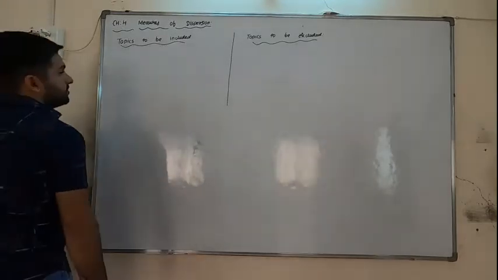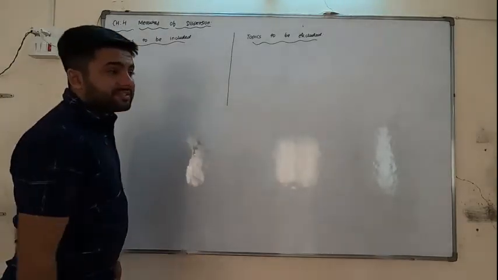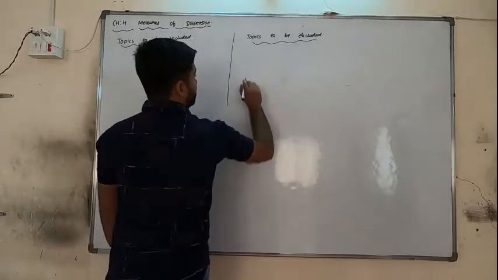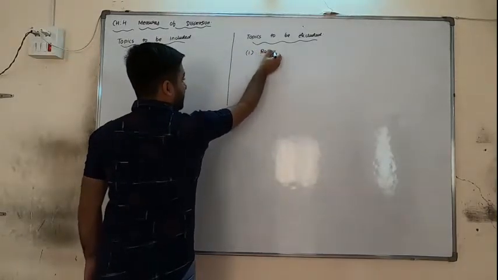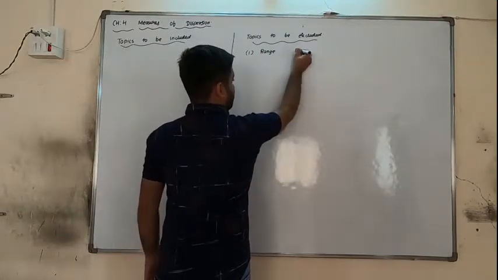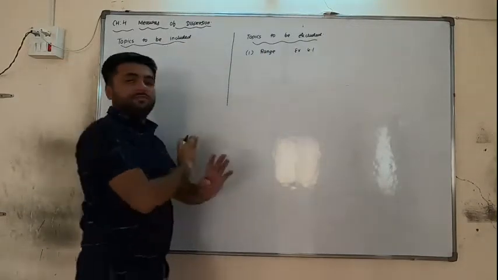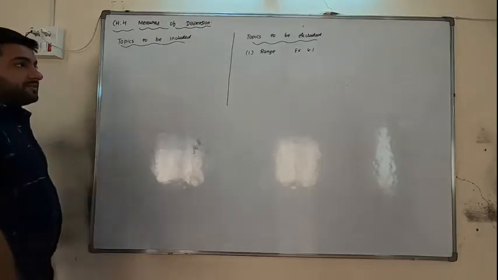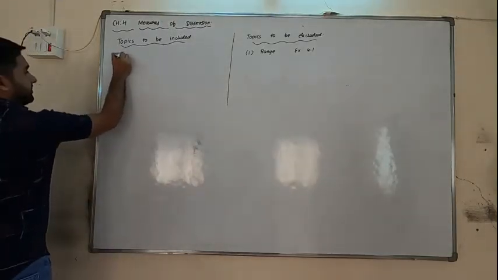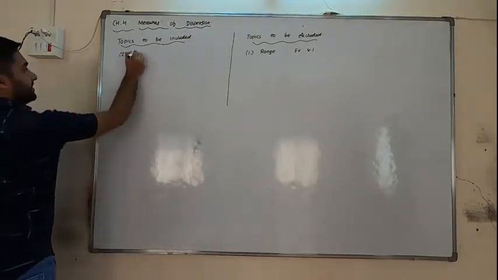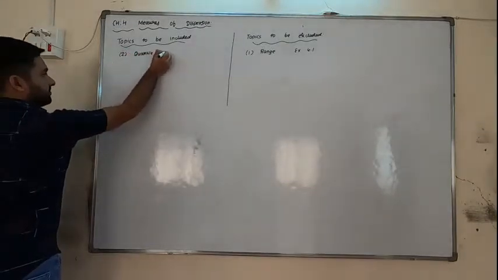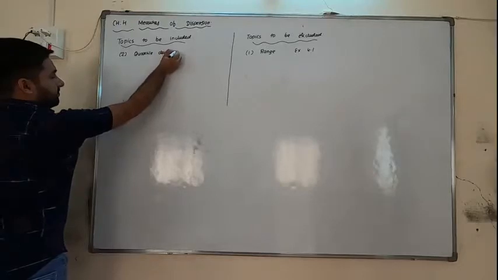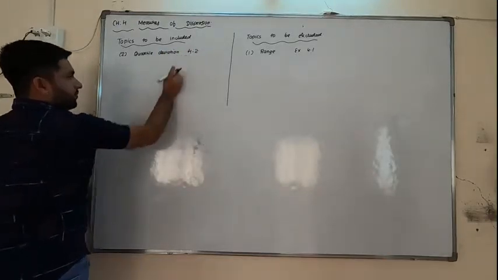The first topic of the chapter is range, the first measure of dispersion, that is excluded from the chapter. So range, exercise 4.1, is totally excluded, we don't have to do it. The second topic of the chapter is quartile deviation, that is exercise 4.2.